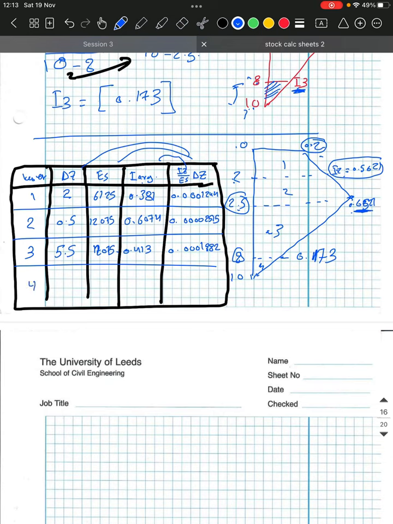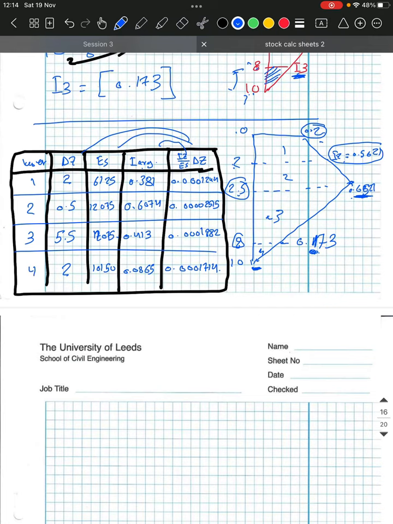Now for layer 4, it's going to be 10 minus 8, which is going to give me 2, 101.50. We calculated that before. The average is now going to be 0 plus this over 2, it's going to be 0.0865. 0.001714.